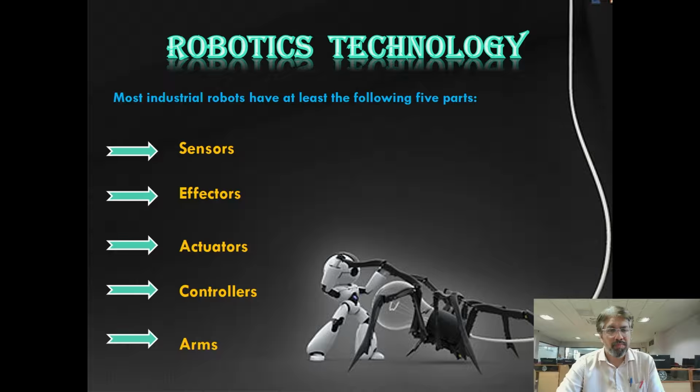Here your various chips or controllers come into the picture. Arms are basically what the robot uses to do the work, like how our arms do. In the case of a humanoid robot it is the same job, and in the case of a wheeled robot it is just the movement of the wheels. It depends on the different types of robots being used.